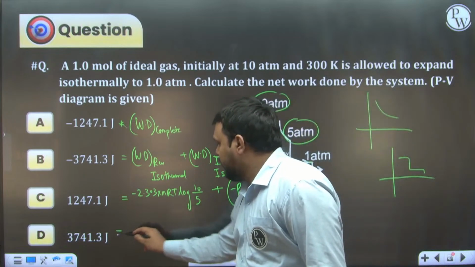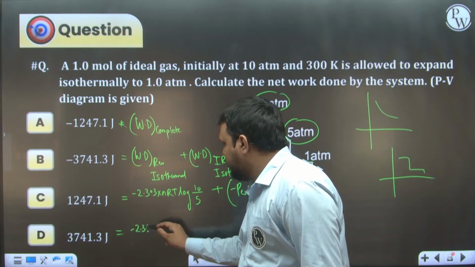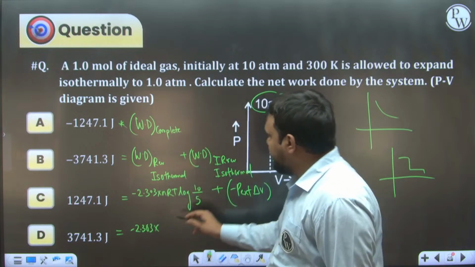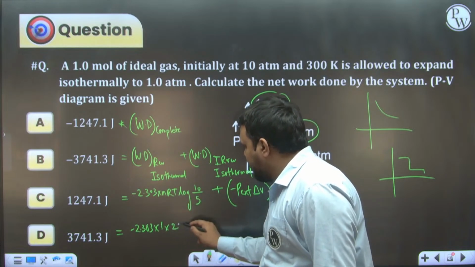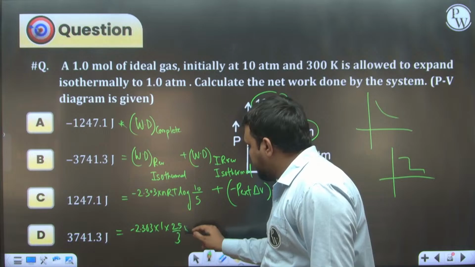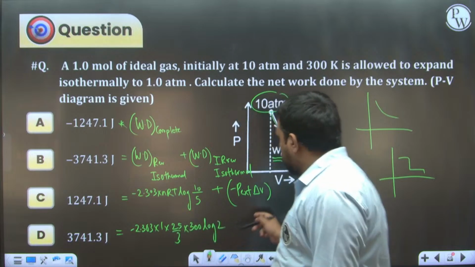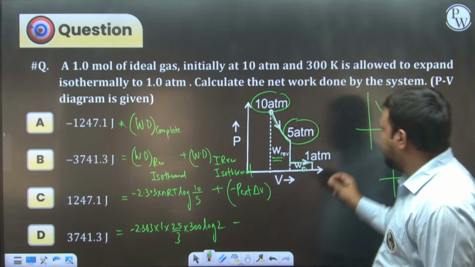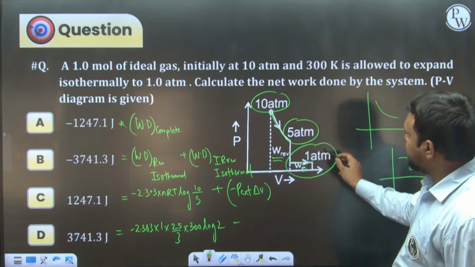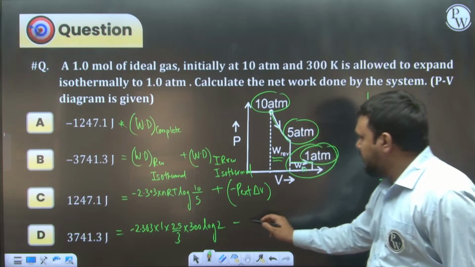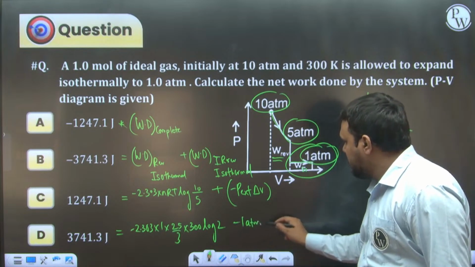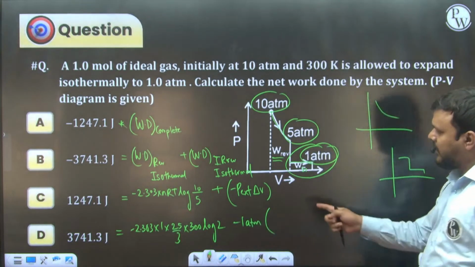So we are getting minus 2.303. How many moles? We are having 1 mole. R value 25 by 3. Temperature 300. And log of 2. This is minus P external. See, in this irreversible process, this is our external pressure, minus 1 atm. And V final minus V initial.